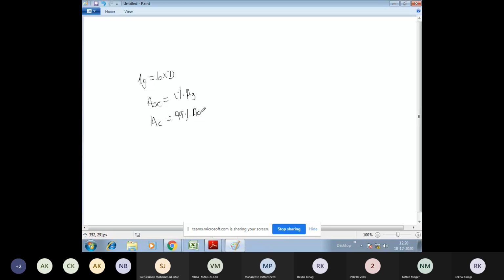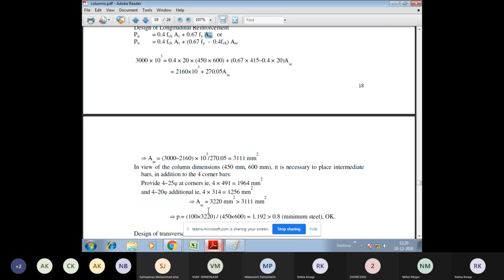So this is how we need to substitute, ASC and AC in terms of gross area, and only the unknown will be ASC. So that ASC we can calculate as 3111 mm square.